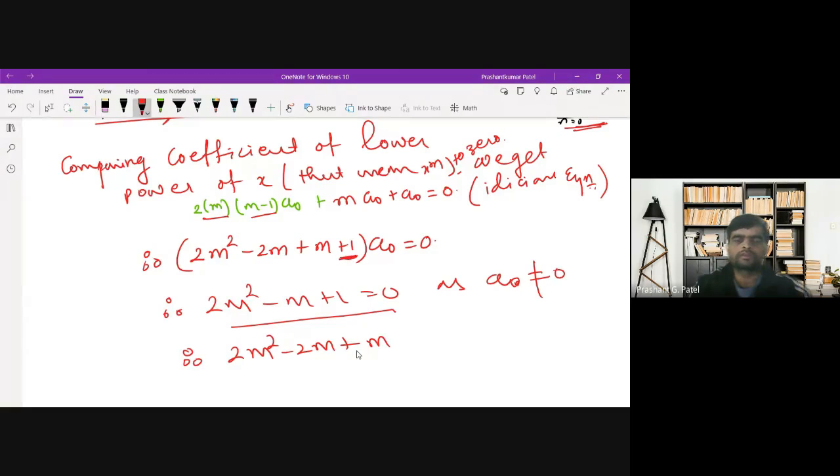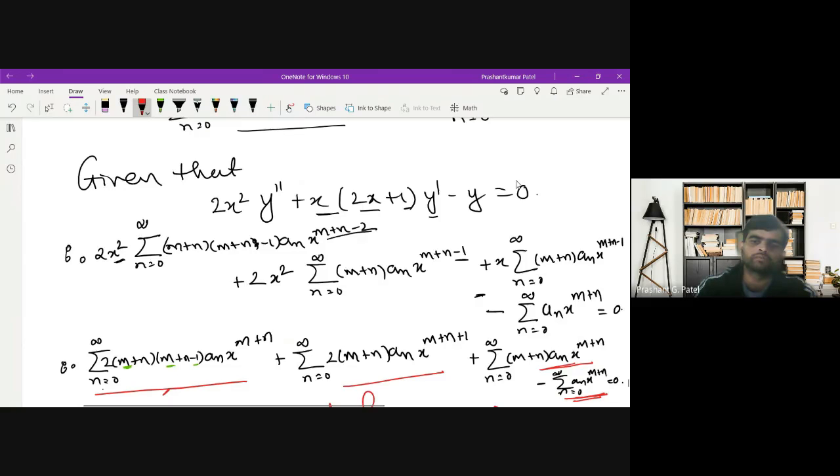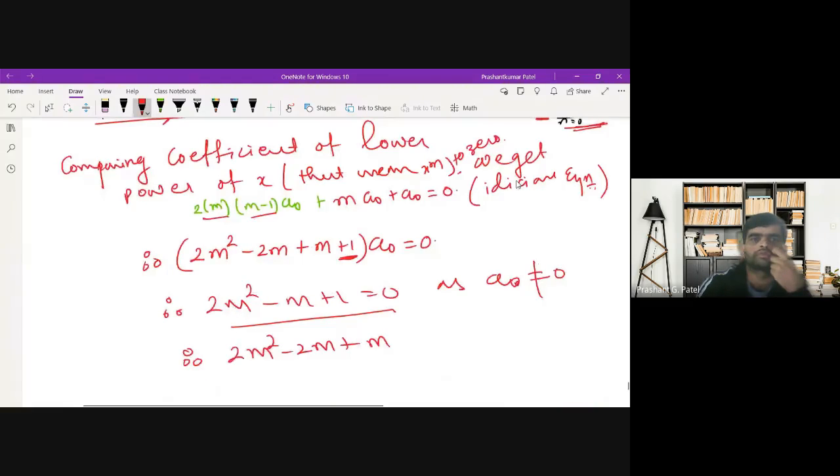The last term has a negative sign instead of plus, so this will be negative, and this is also negative, so it is negative of minus 1 equal to 0.